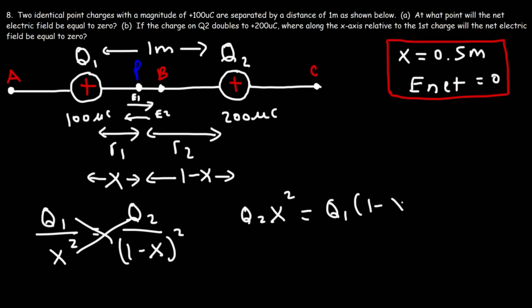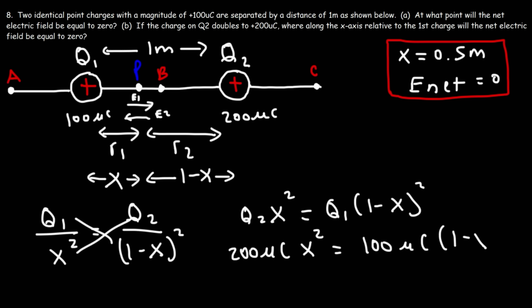Now let's replace Q2 with its value, and let's keep the unit microcoulombs. So we have 200 microcoulombs times x squared. Q1 is 100 microcoulombs. And what we're going to do at this point is divide both sides by 100 microcoulombs.